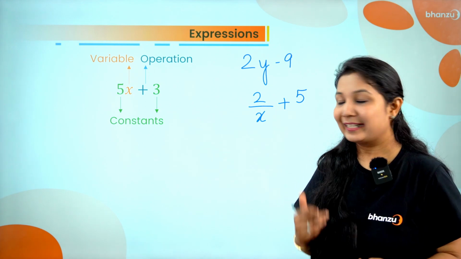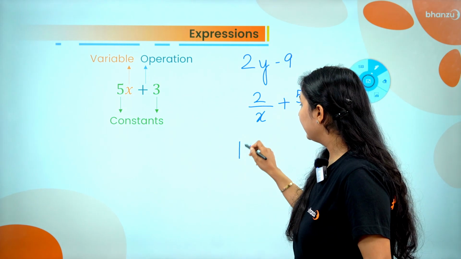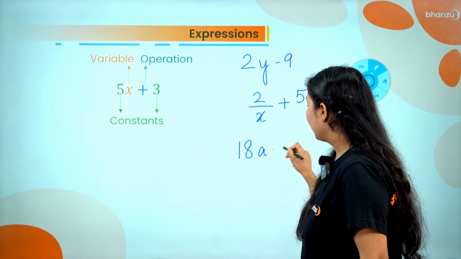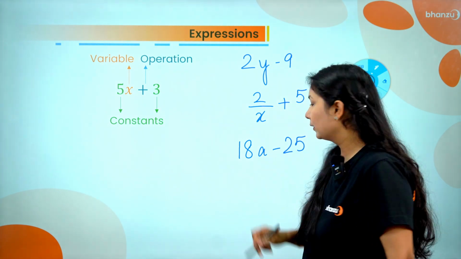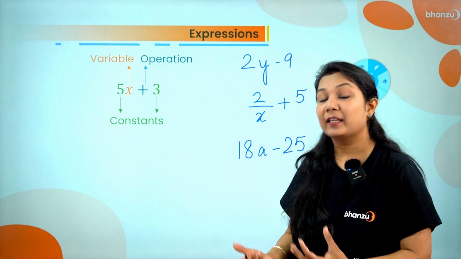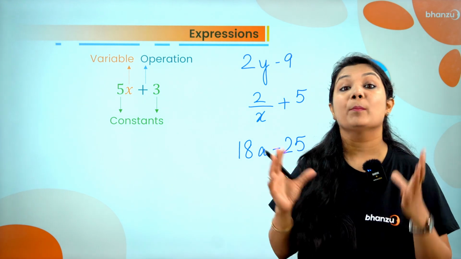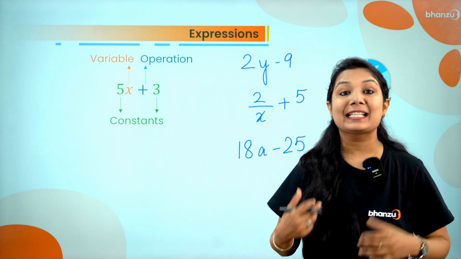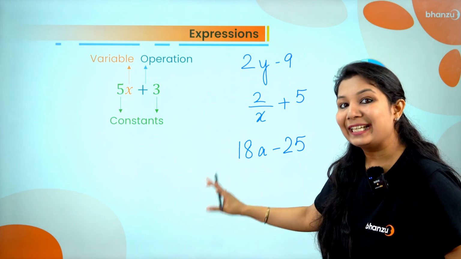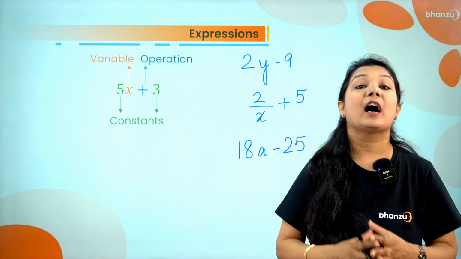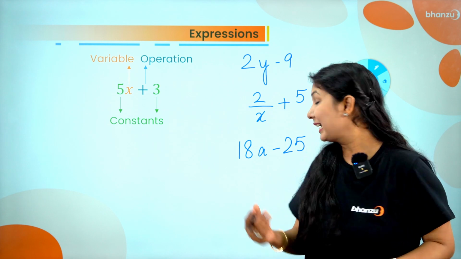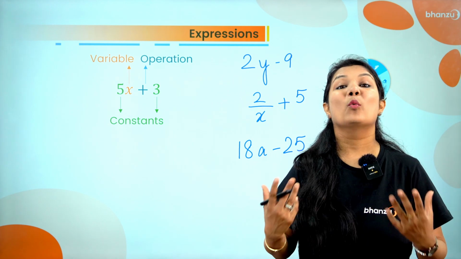Got it? More examples can be 18a minus 25. So 18 into a, which is also a mathematical operation, multiplication. Minus is a mathematical operation. So 18 and minus 25 are the constants and a is the variable.